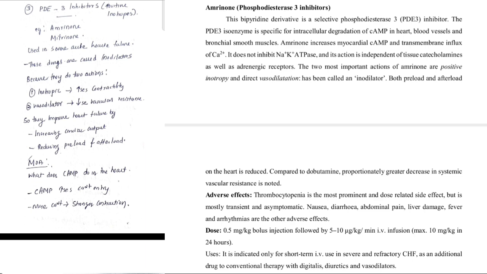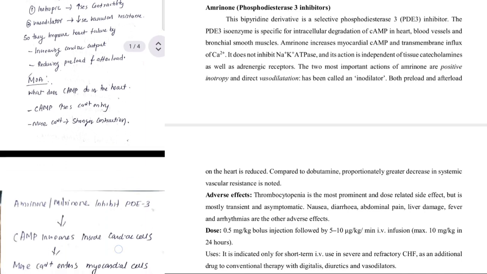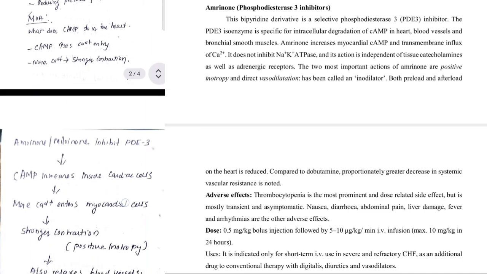The second action is vasodilator activity, that means it will decrease the vascular resistance. So they improve heart failure by increasing the cardiac output as well as reducing the preload as well as afterload. And now comes the important portion, that is the mechanism of action.